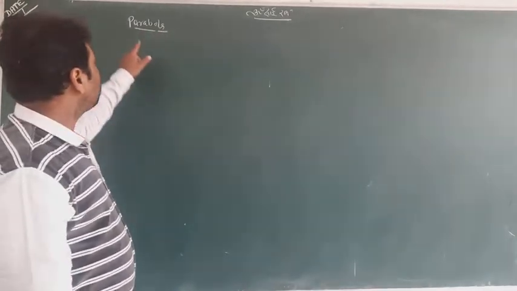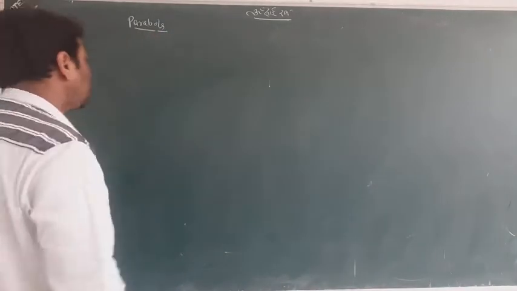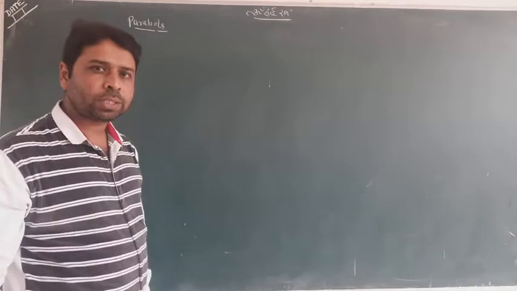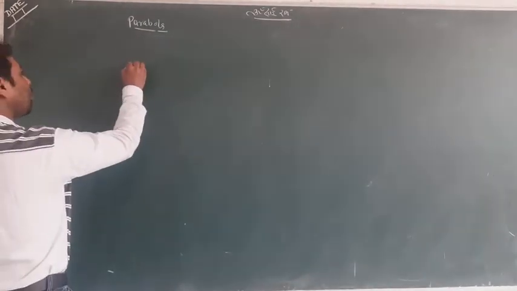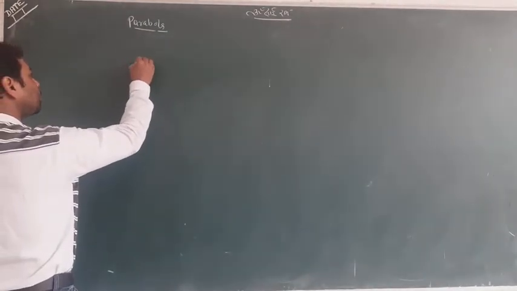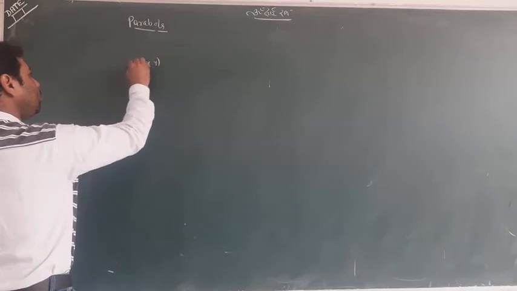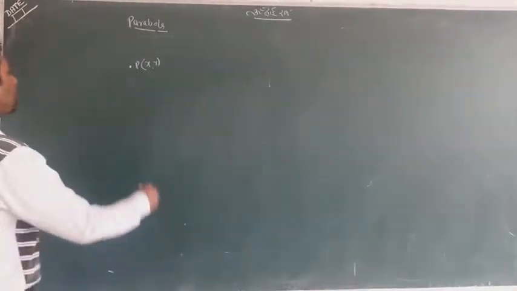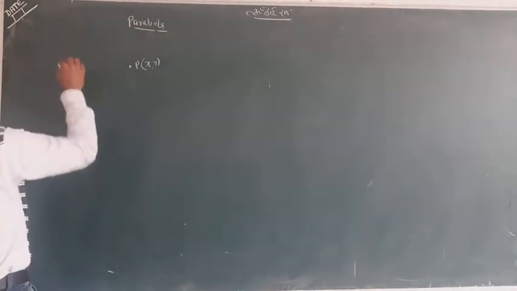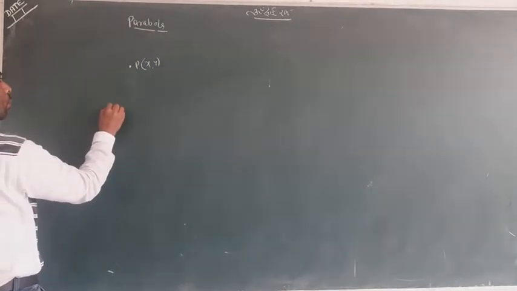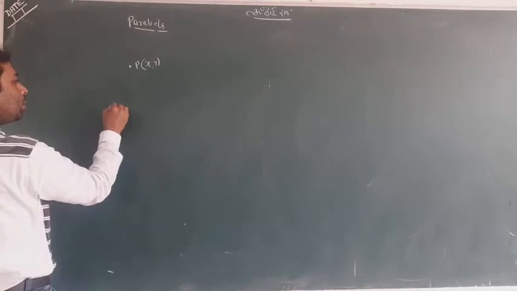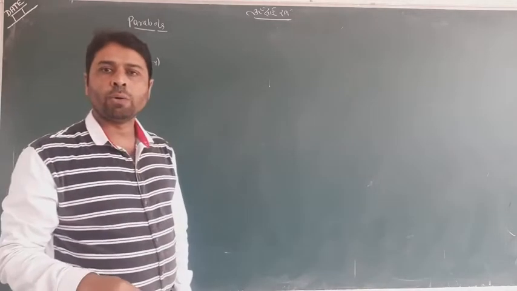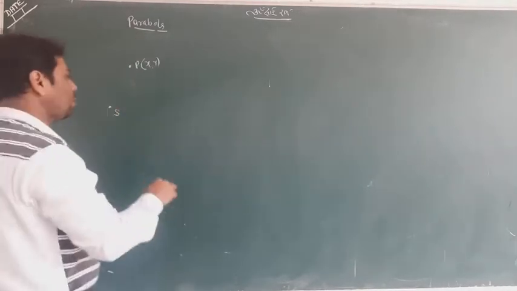So today we will look for the parabola, and I will again go with the locus. Suppose it is a point P. It is a moving point, a variable point. Suppose this is a fixed point. We say it is the focus. Try to understand.